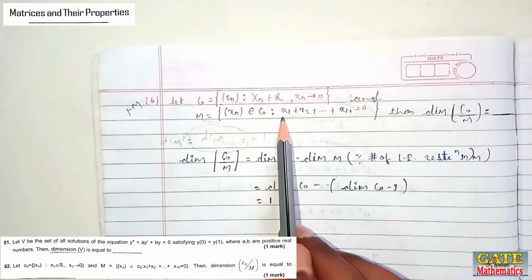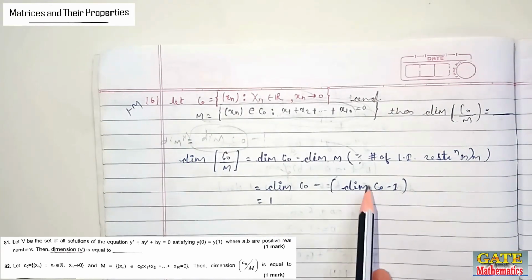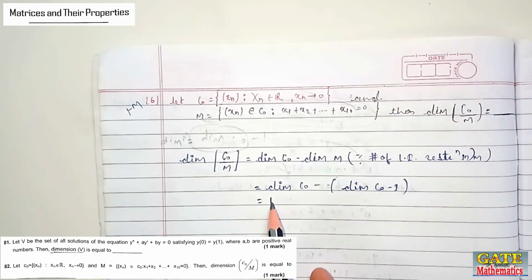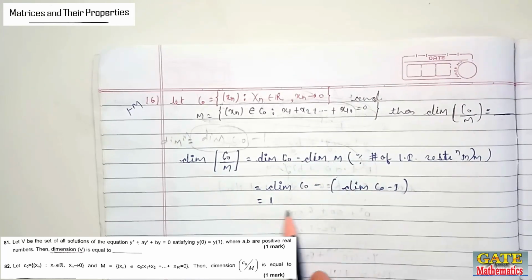Because only one restriction is taken out, we get dimension of c0 minus (dimension of c0 minus 1), which is dimension of c0 minus dimension of c0 plus 1. The terms cancel and we are left with 1.